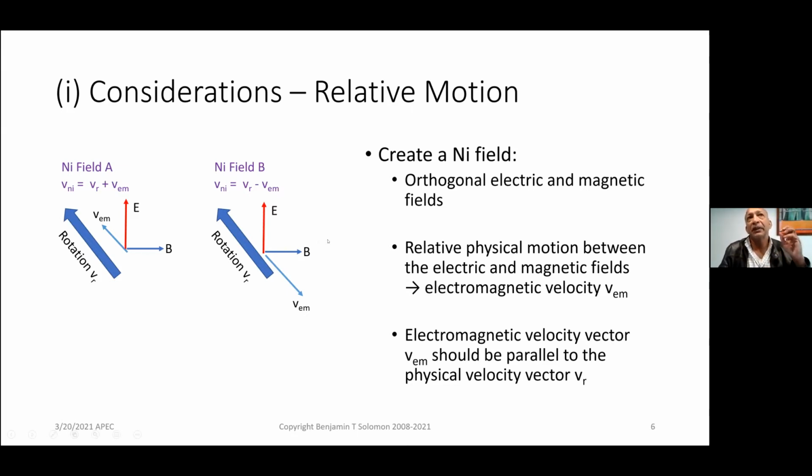So that's a second important consideration. There must be a relative motion between the electric field and the magnetic field, so that to get the maximum effect, the electromagnetic velocity must be parallel or anti-parallel to the rotational tangential velocity. That's where you maximize it.